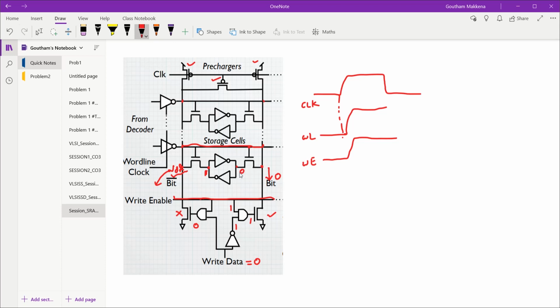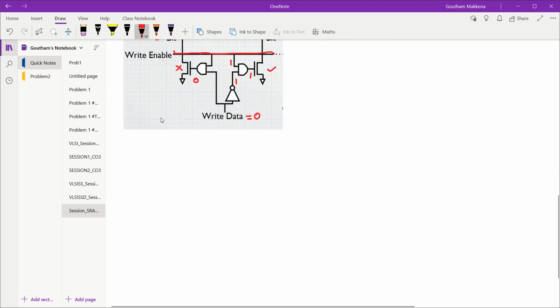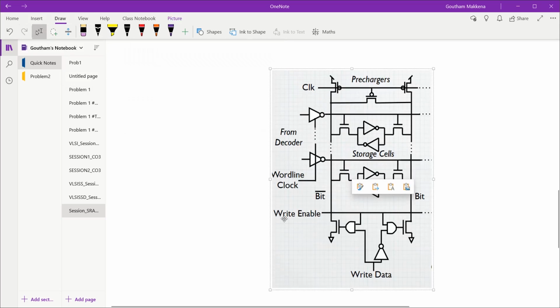Now let us look at what happens when write data is equal to 1. Again the concept is the same.